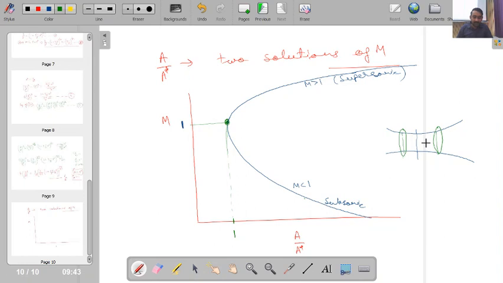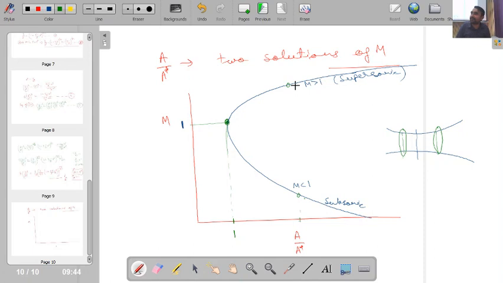Okay, physically is this relatable? So I can have this arbitrary value of A by A star less than 1 or greater than 1 either on the downstream or in the upstream. So I can have this situation on both sides. So depending upon that situation, for the same value of A by A star, I can have Mach number less than 1 also and greater than 1 also for a convergent-divergent nozzle.